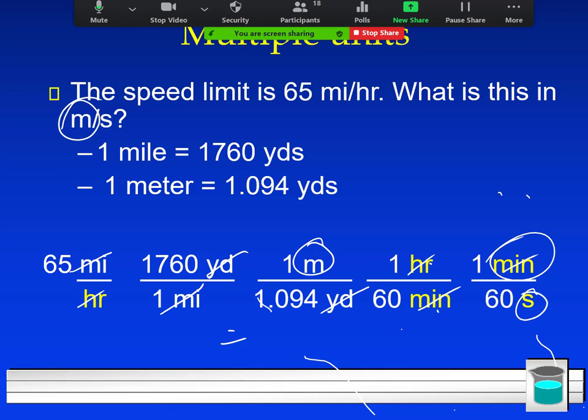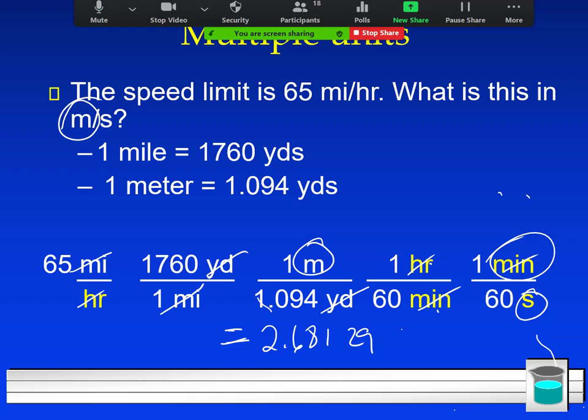I push those buttons in my calculator. 65 times 1,760 divided by 1.094 divided by 60 divided by 60 equals 2.68129. Yeah, I can keep going, but that's more than I need.